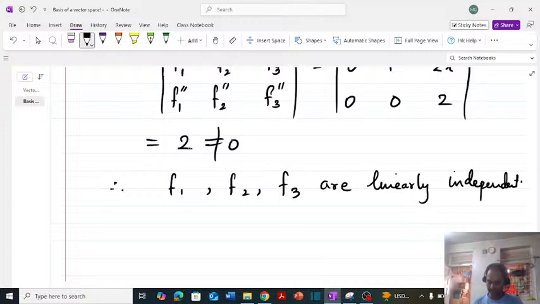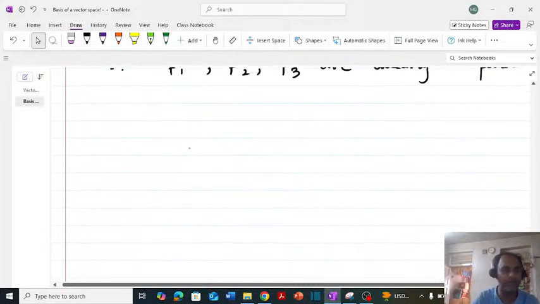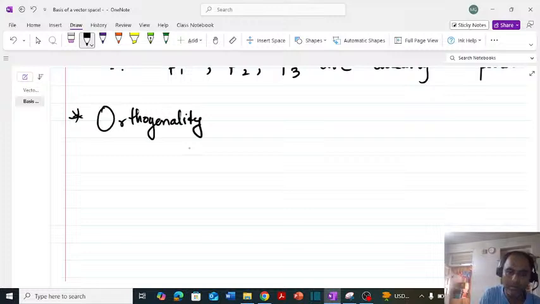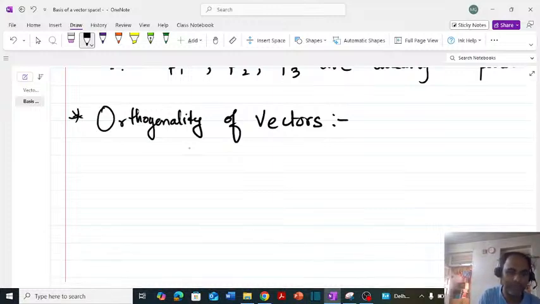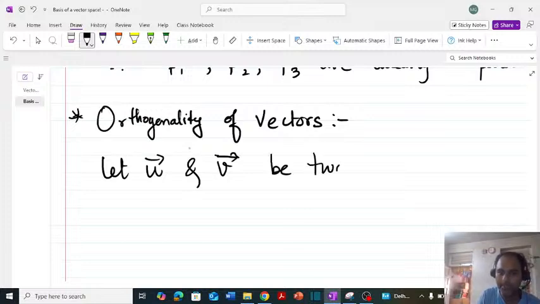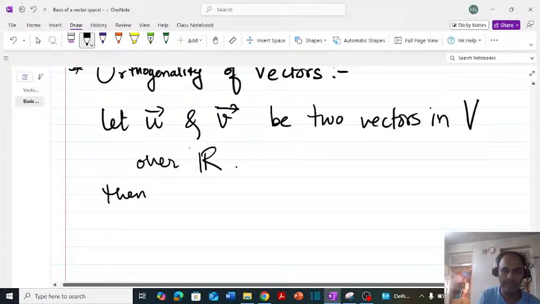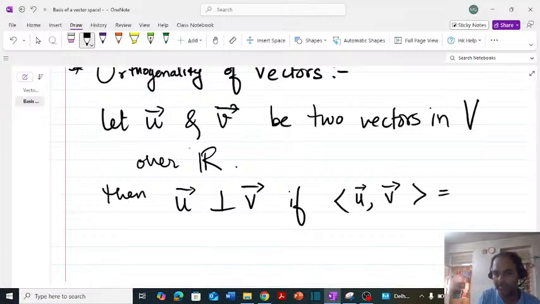So that was it for now. Another important topic which I will be interested in discussing is orthogonality of vectors. See, in a vector space, let u bar and v bar be two vectors in V over R. Then u bar is perpendicular to v bar if the inner product of u bar and v bar is equal to 0.